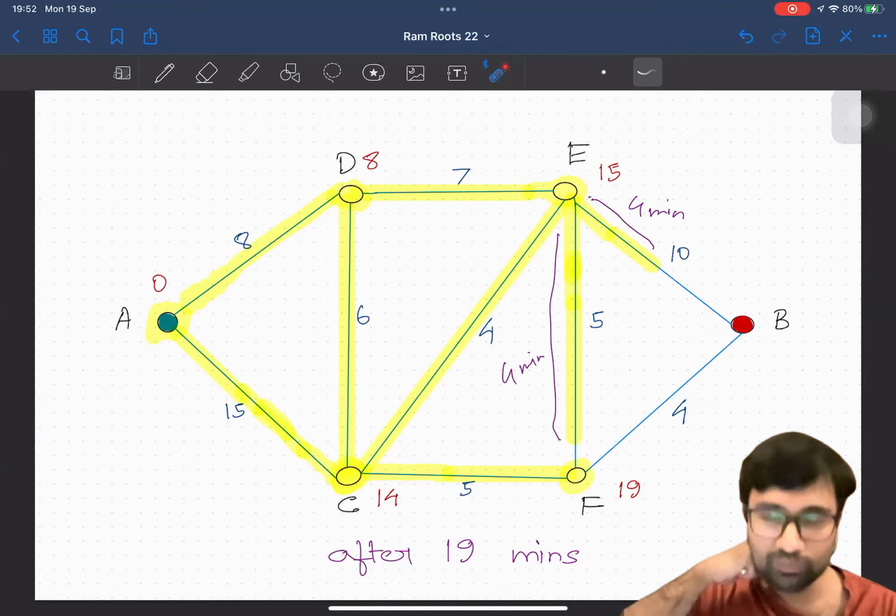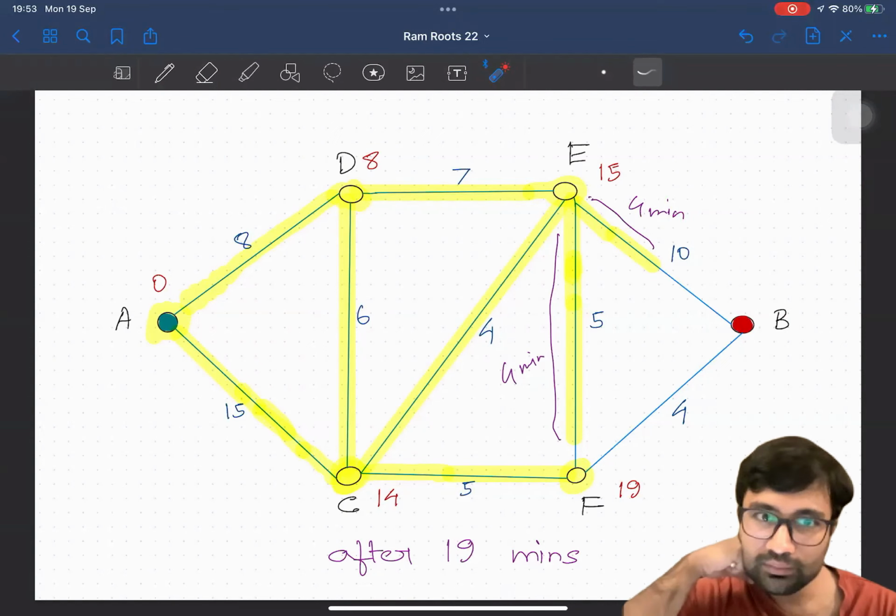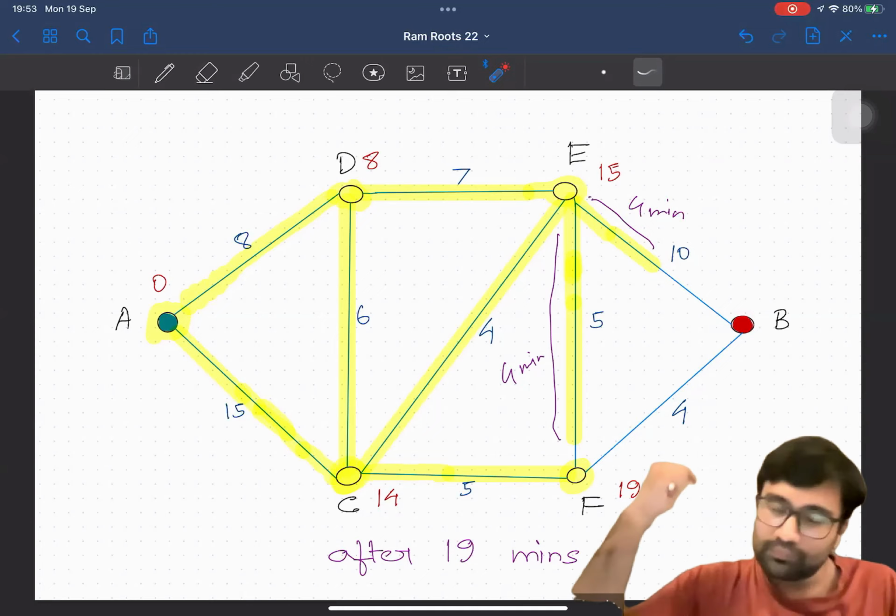E to F has 1 minute remaining. By the time the fire from E reaches F, 1 minute later, F will already start spreading towards B. Fire will already start spreading towards B from F. Correct. So it will take 10 minutes, I think, sir, to complete.